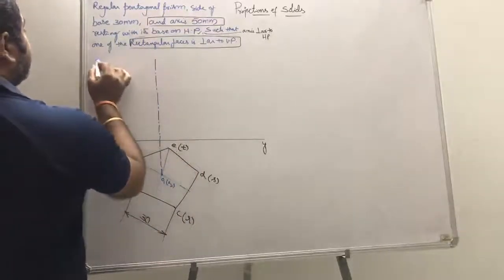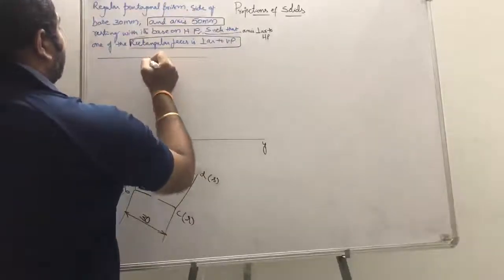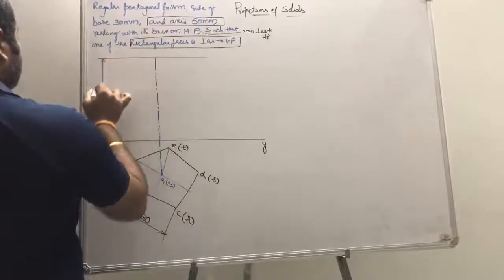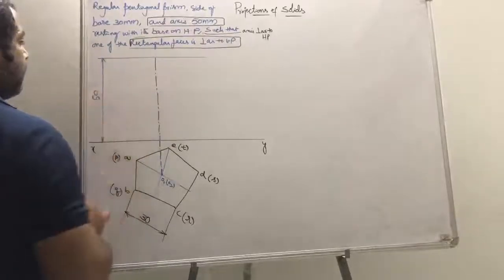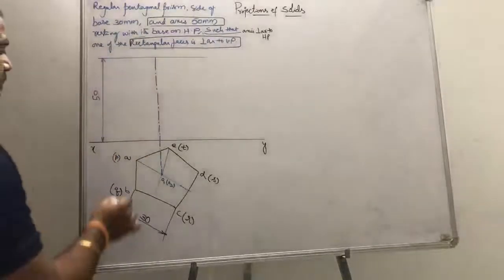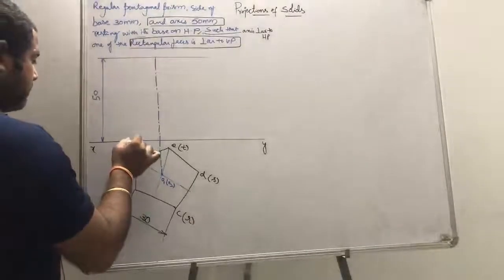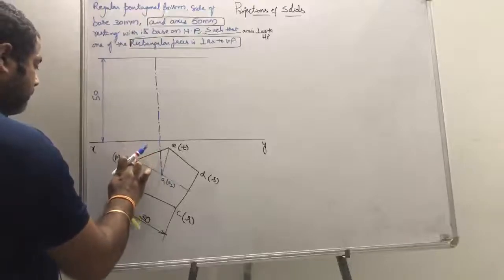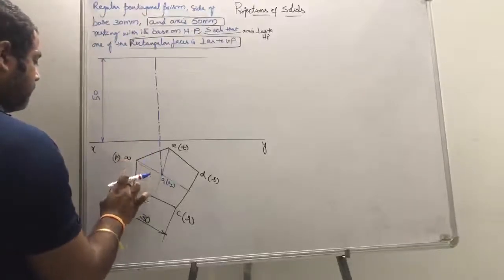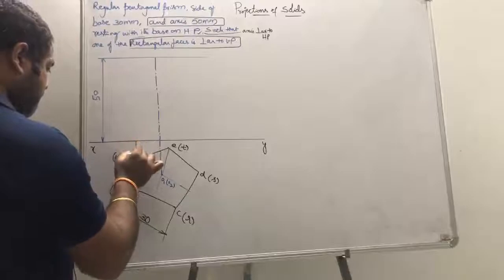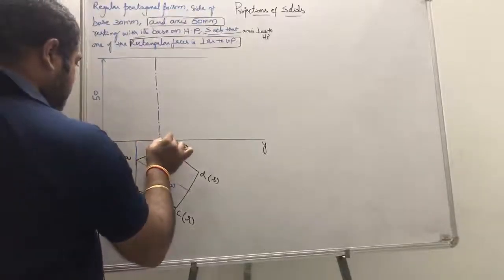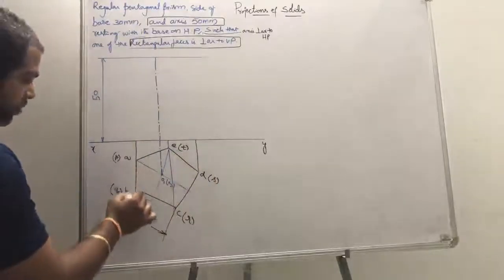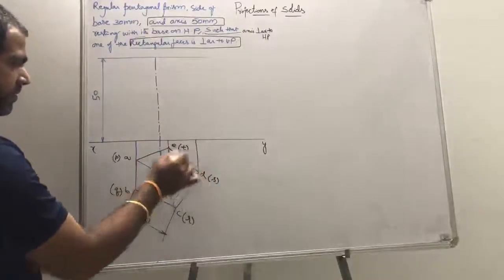Height of the axis is given as T. Okay, and now just draw the vertical projectors on the front view. So these two will coincide, these two will coincide, this will obtain like this.